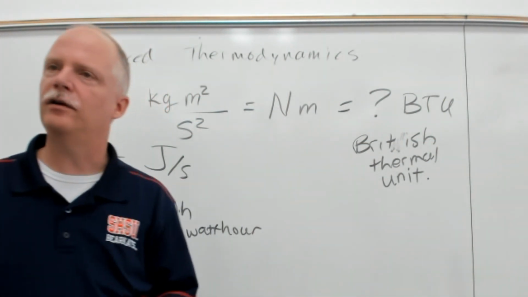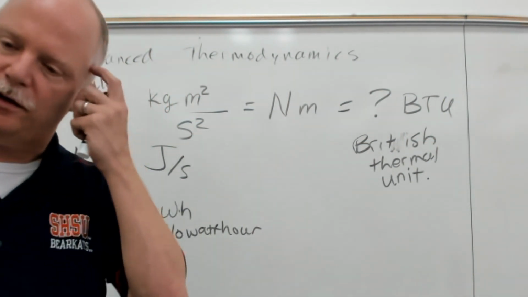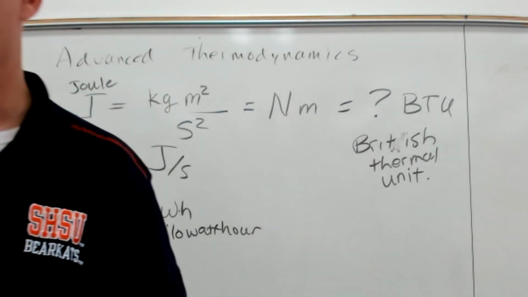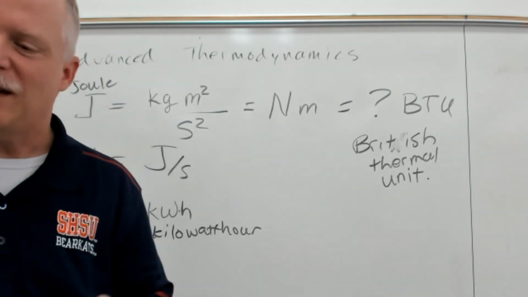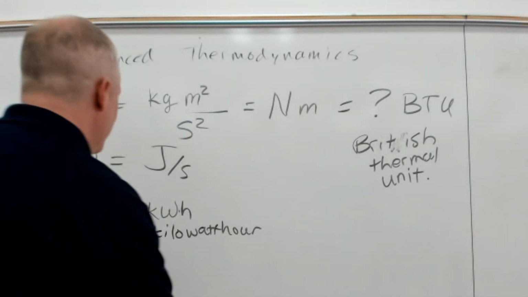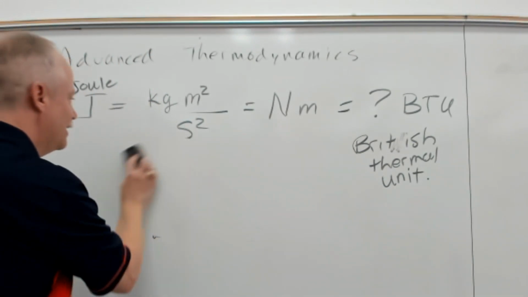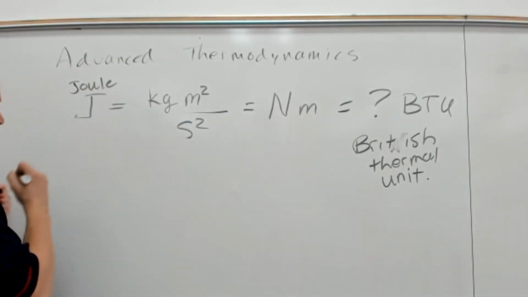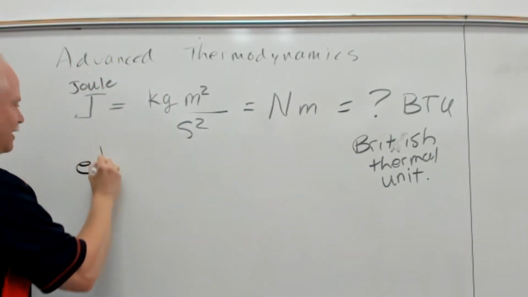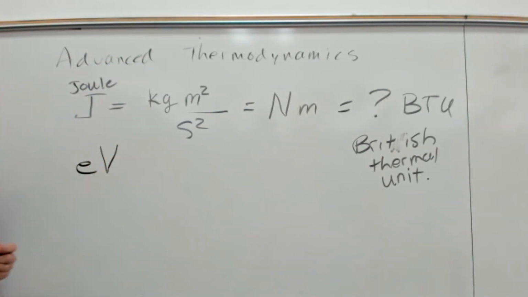Any other units that people can think of while we're on the topic? EV, electron volts. Very good. The voltage required to make an electron, what was it? I remember reading about it.